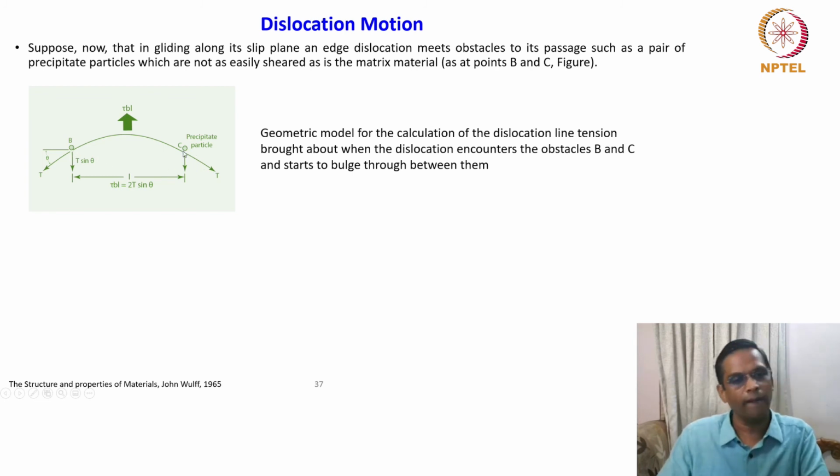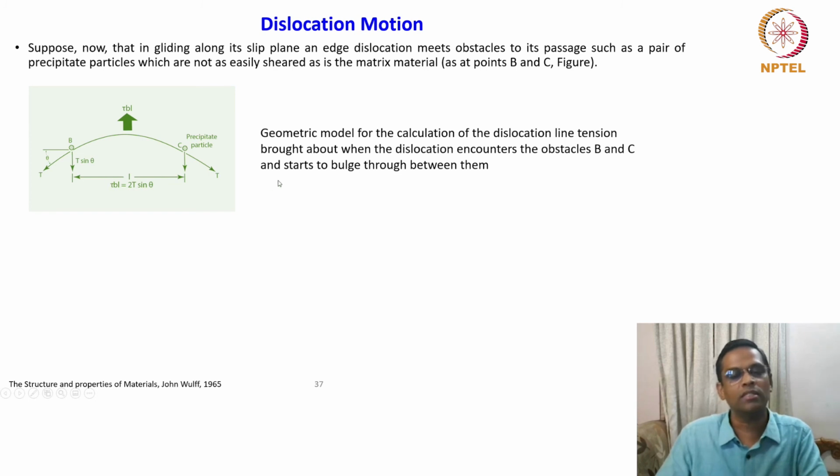B and C are two hard, non-shearable particles. It is an obstacle for the dislocation motion. So this dislocation line encounters these two particles and tries to bow. The bowing takes place.